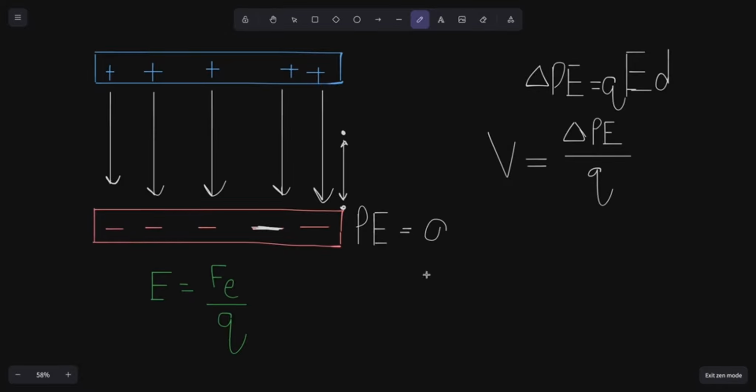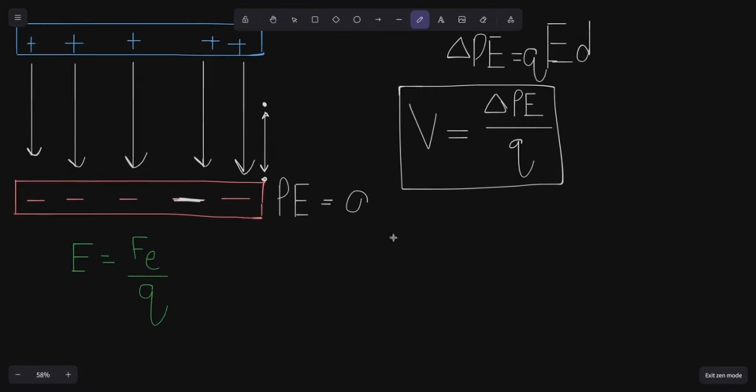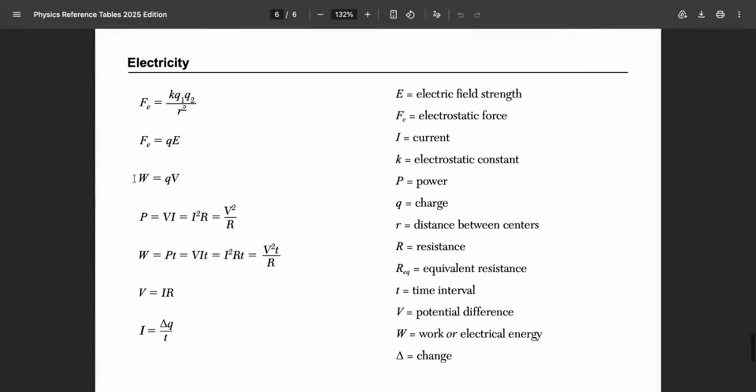And so this is the important formula to know. Another way to write it involves negative potential energy. This is just another formula that you might remember from kinematics. Negative change in potential energy is equal to the work. So voltage is also equal to the negative work divided by the charge. And you actually have this in your reference table, so you don't have to memorize this.